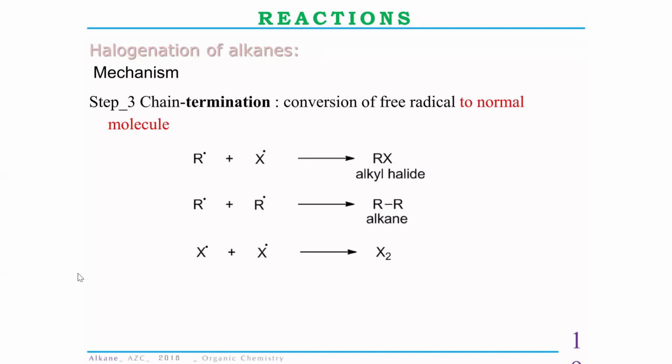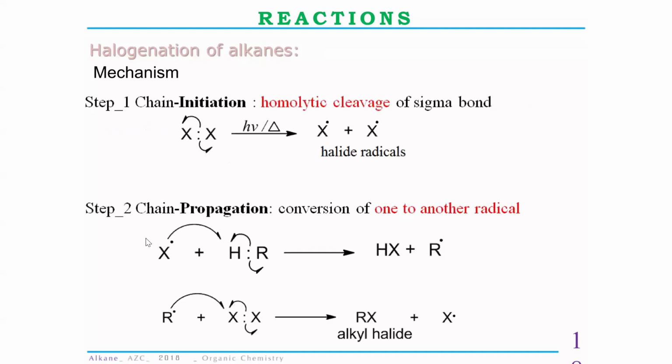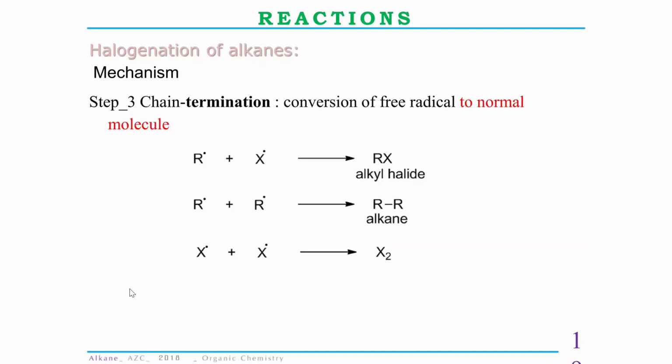So chain termination is when free radicals are converted to normal molecules, the radicals join to produce molecules. In chain propagation, one molecule is converted to another radical.